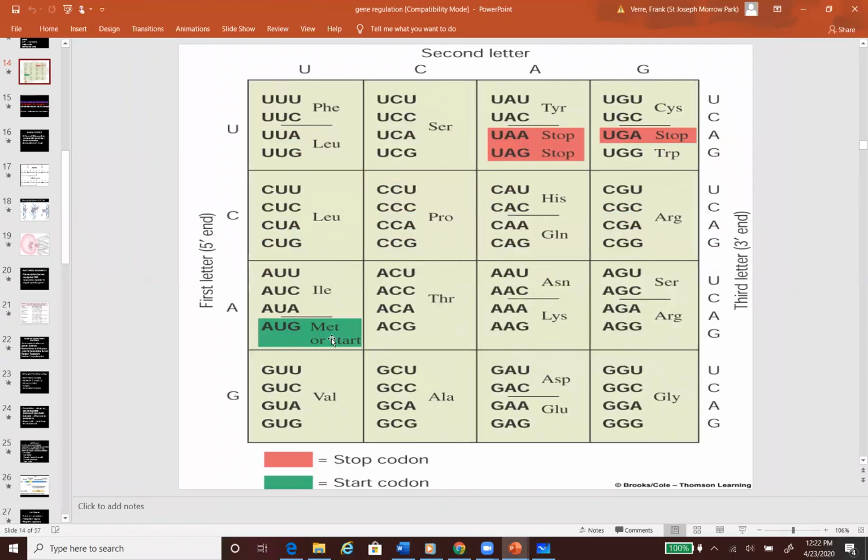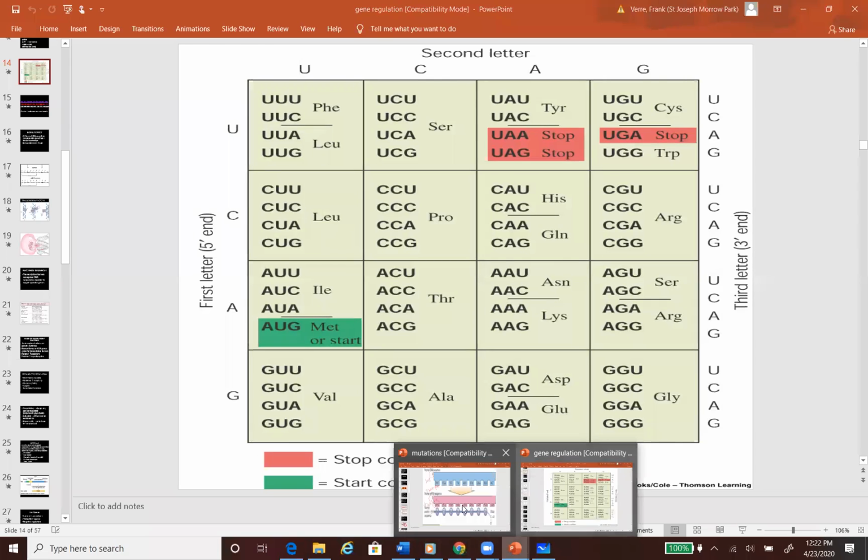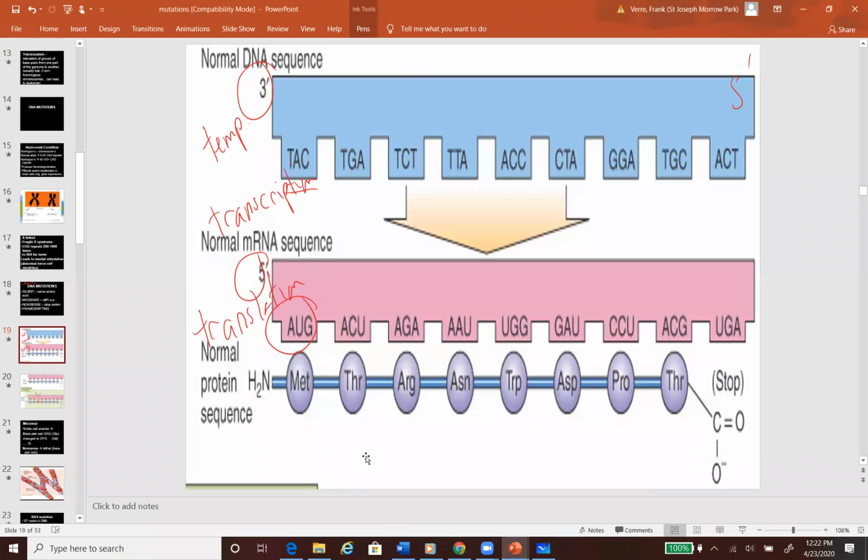So AUG is methionine, AUU is isoleucine, I think it's isoleucine. CUU is leucine, and so on and so forth. Okay, and you see some stop codons. Now, so this is what normally happens, okay?